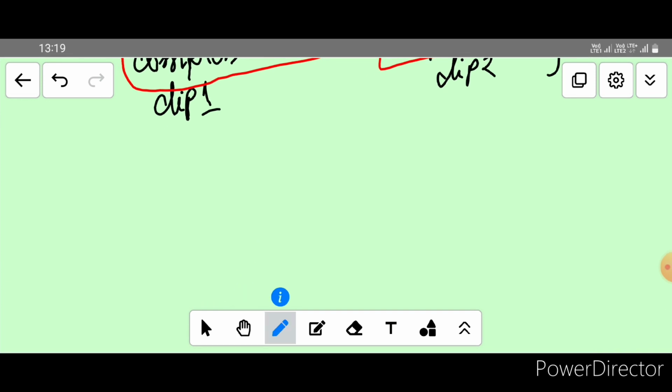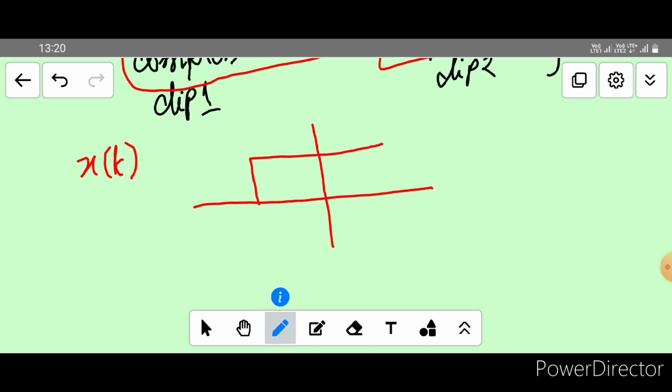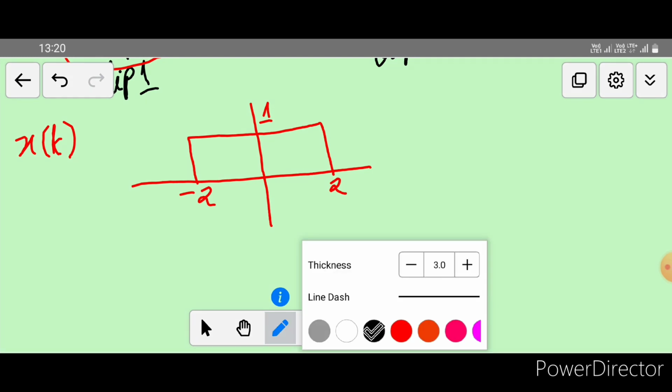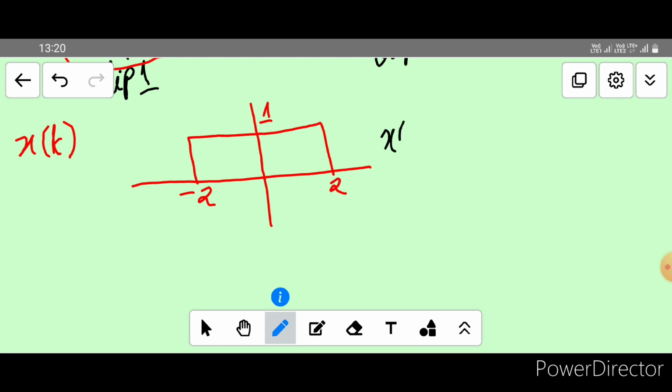Let's take an example. Suppose x(t) is given as a square signal from -2 to 2 with amplitude 1. Mathematically we can write x(t) is defined as: when t is less than -2, x(t) is 0.